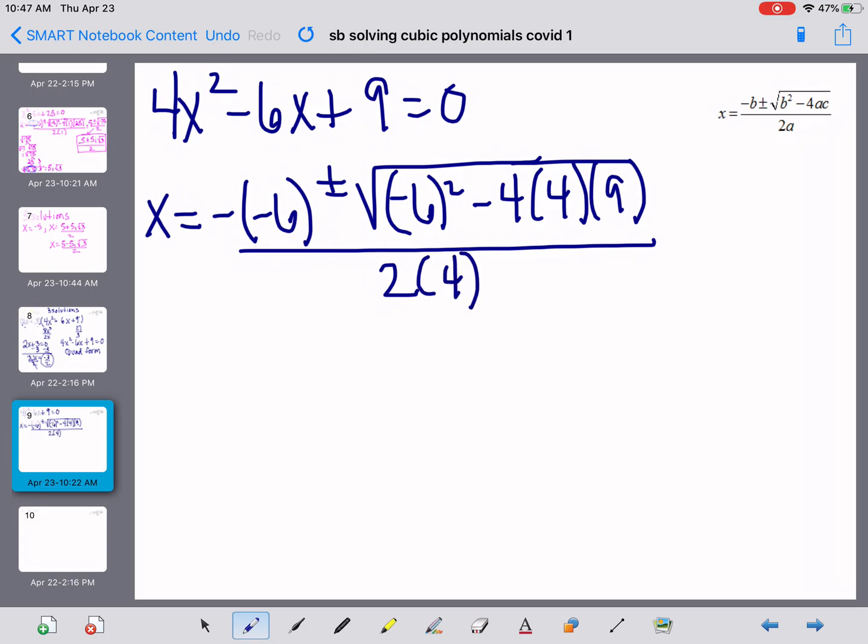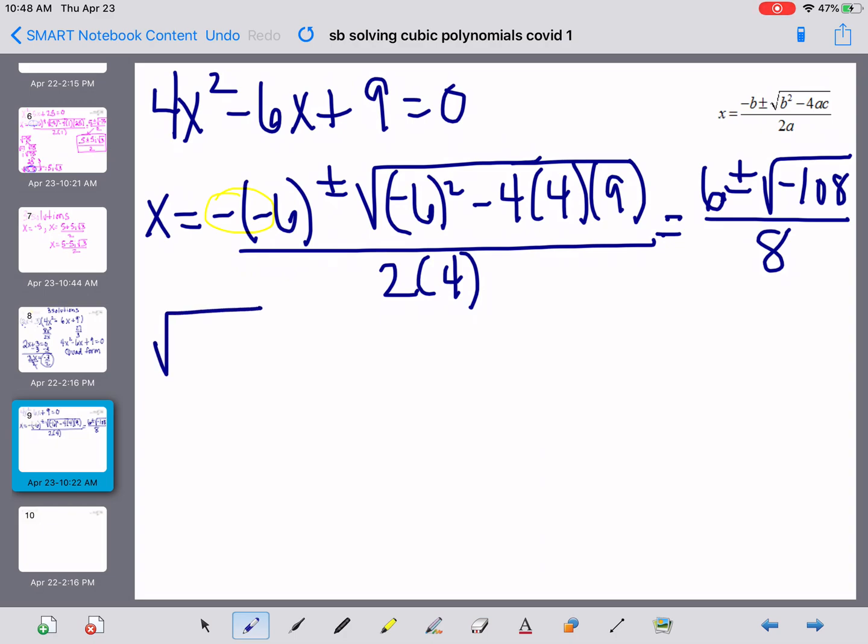And when you type that in the calculator, again, just a reminder that those two negatives give us a positive, but we're going to get 6 plus or minus the square root. When you type in negative 6 squared minus 4 times 9, we get negative 108 divided by 8. So now what we have to do, like on the previous problems, is simplify the square root of negative 108.